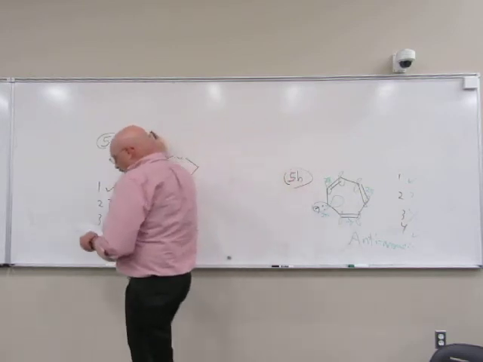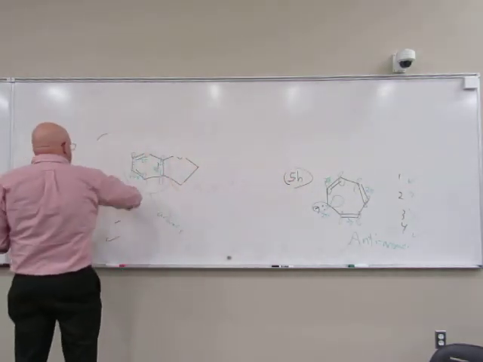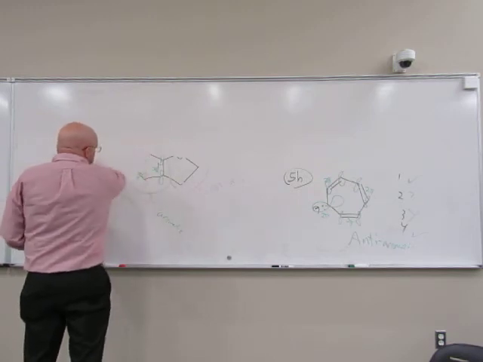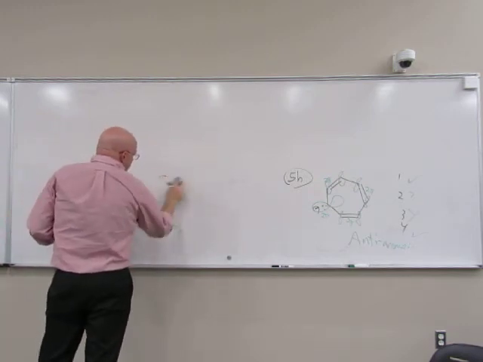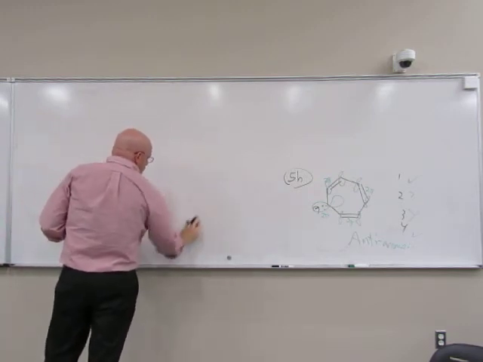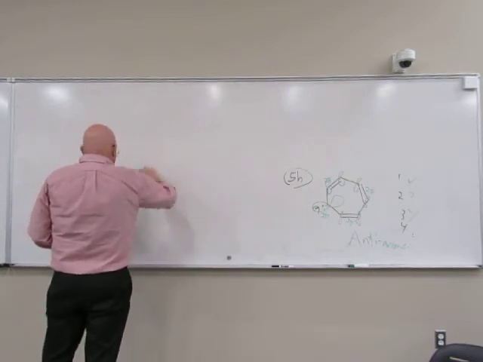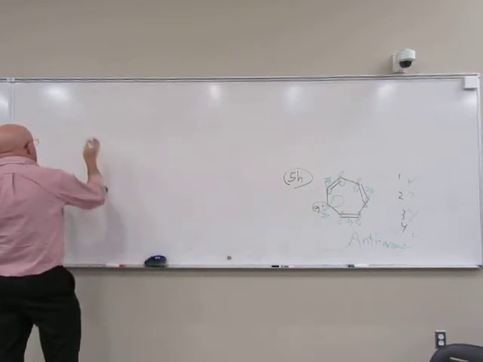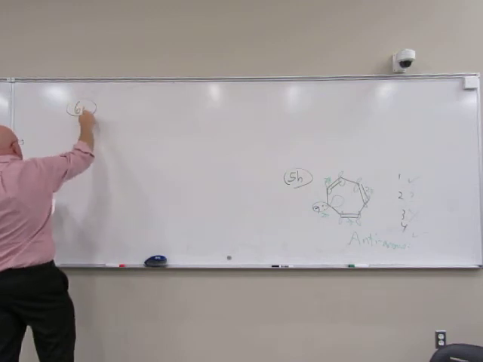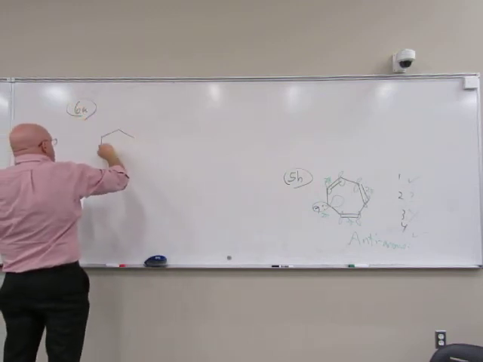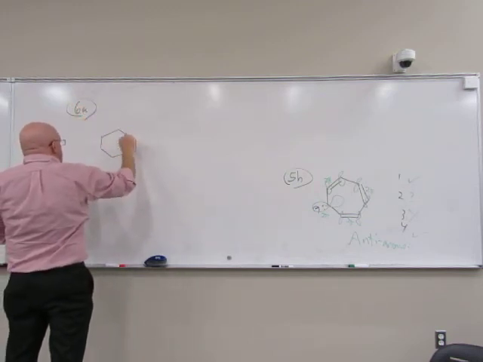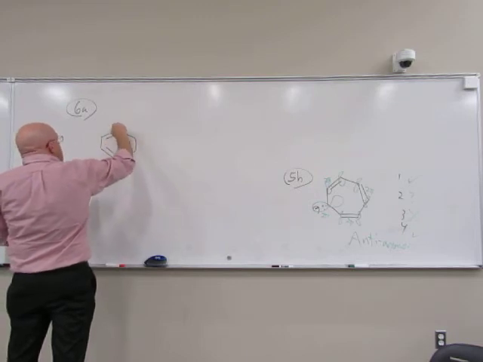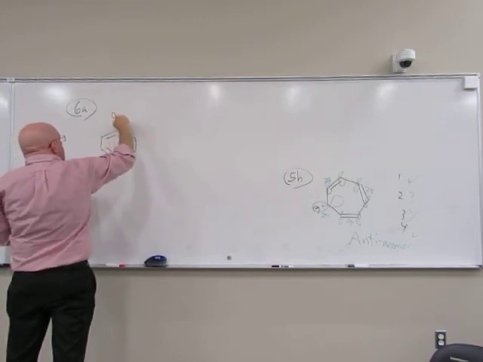Okay, let's look at the last one here. We're going to do some retrosynthesis. Go backwards on some of these. So the question says, starting with toluene, it's giving you the starting material.